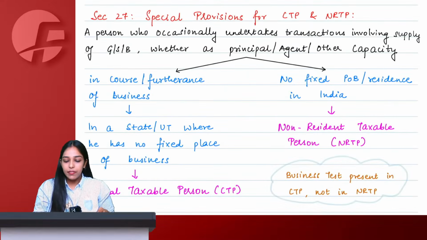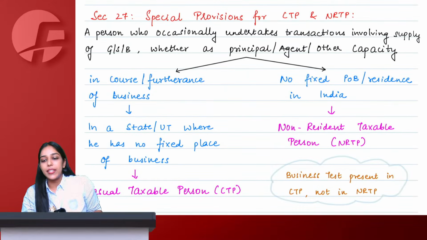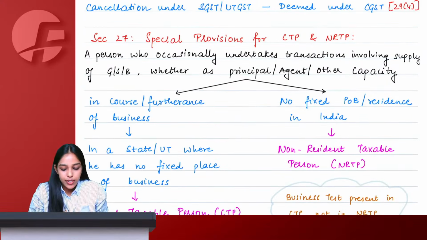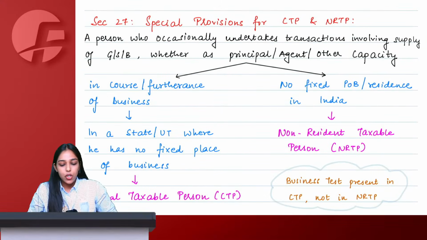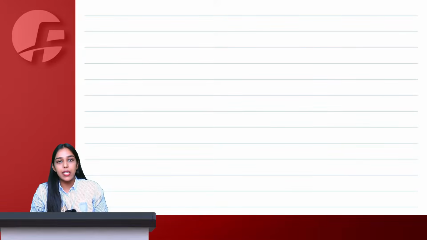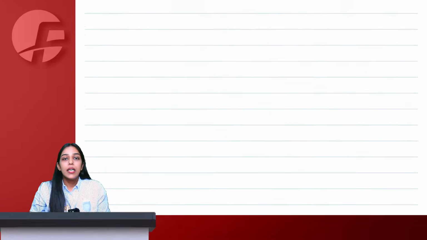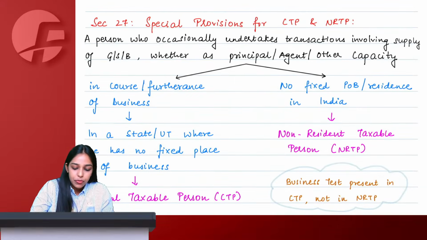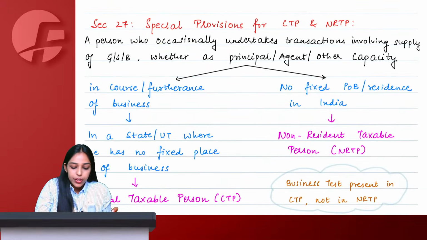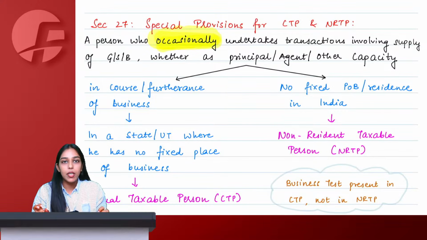So now, after having completed everything till section 26, we move on to section 27, which talks about casual taxable person and non-resident taxable person. The definition simply says that the most important word here is occasionally. A person who occasionally, because if you are permanent, you take a normal regular registration.